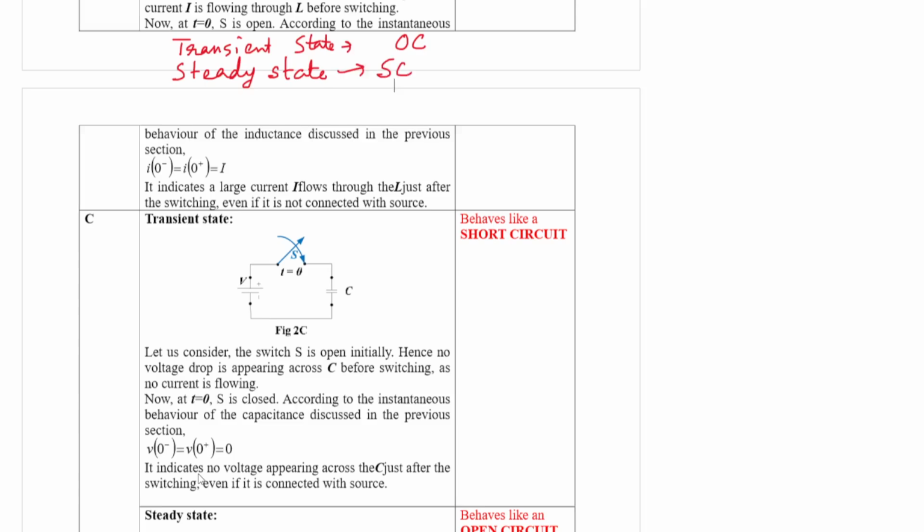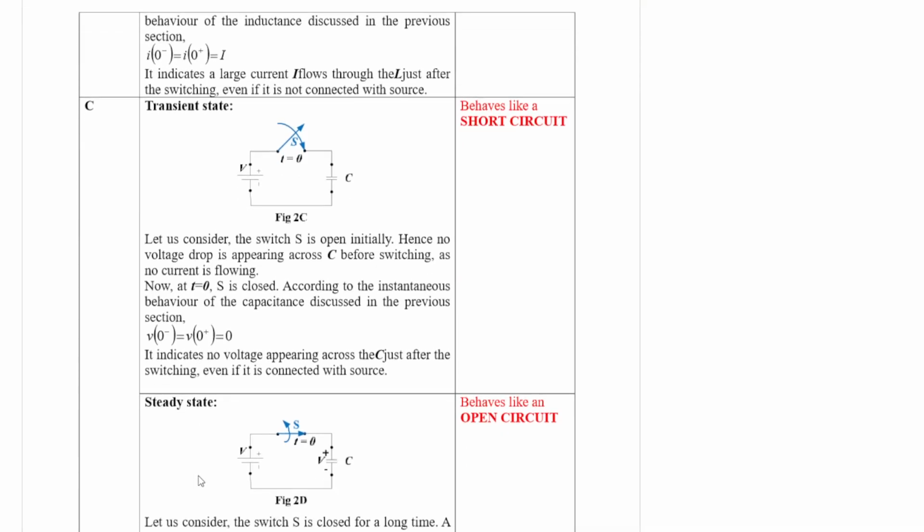Now let us discuss the capacitance behavior. We consider the same figure 2C. Initially the capacitor was open. Since the capacitor was open, no current is flowing, so I0 will be 0.